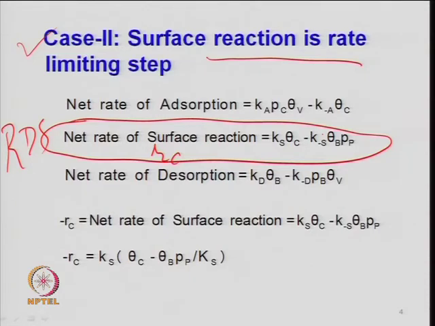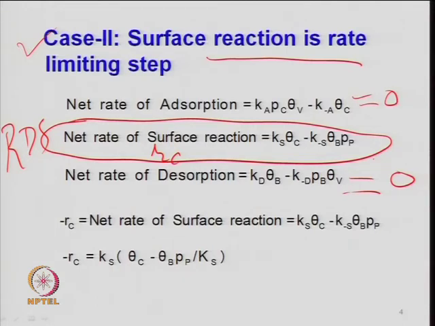For that, because this is the rate determining step, it means this will take the highest time, the slowest step of the reaction. So, the other two will be very fast or they are assumed to be at equilibrium. In one way you say the net rate of adsorption is 0, and the same thing, the net rate of desorption is 0, or you say that they are very fast and at equilibrium.